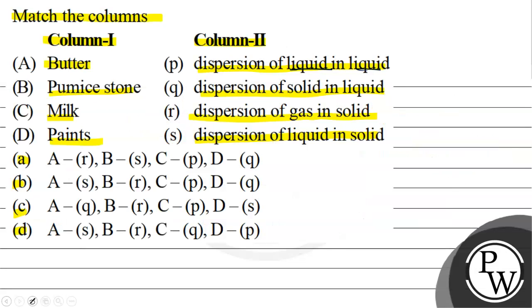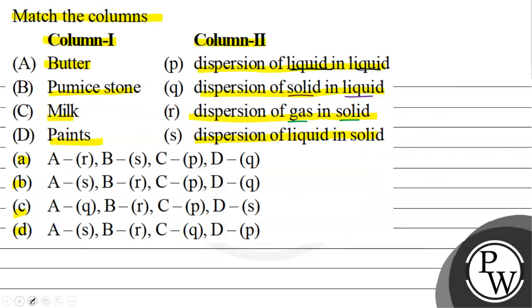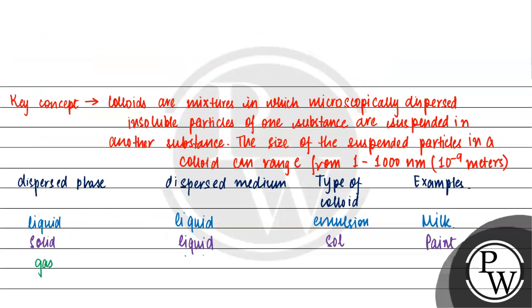Now let us talk about the second option that has been given to us, dispersion of solid in liquid. So here the dispersed phase is solid and the dispersion medium is liquid. So solid in liquid forms a sol, and we know its example is paint. Now further moving on, we have gas in solid. So gas in solid is called solid sol.